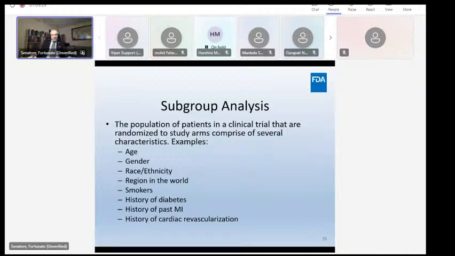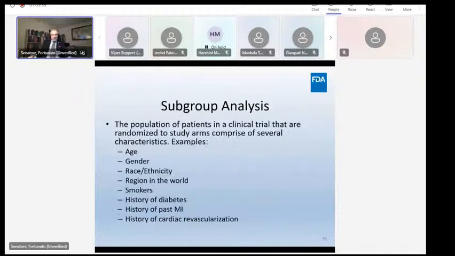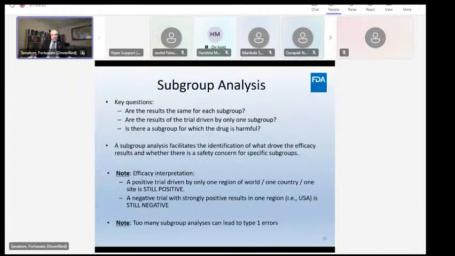The key question here about subgroup analyses: are the results the same for each subgroup? Are the results of the trial driven by only one subgroup? Is there a subgroup for which the drug is harmful? So a subgroup analysis facilitates the identification of what drove the efficacy results and whether there is a safety concern for a specific subgroup.